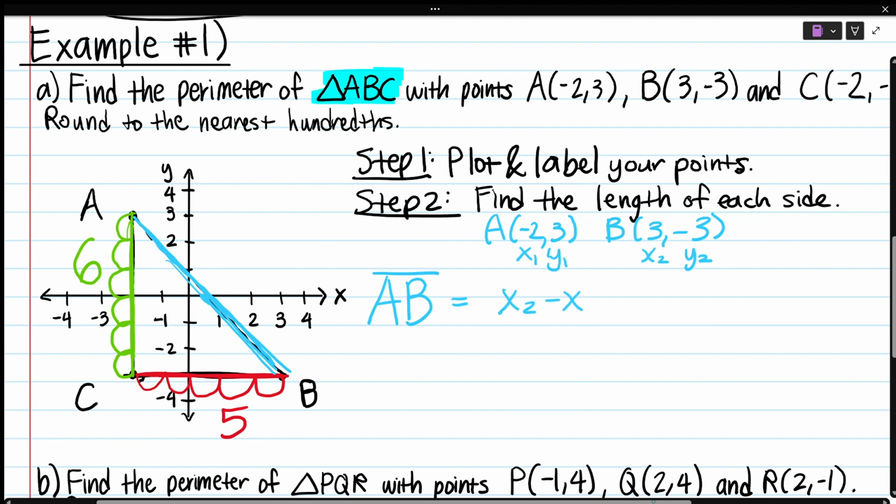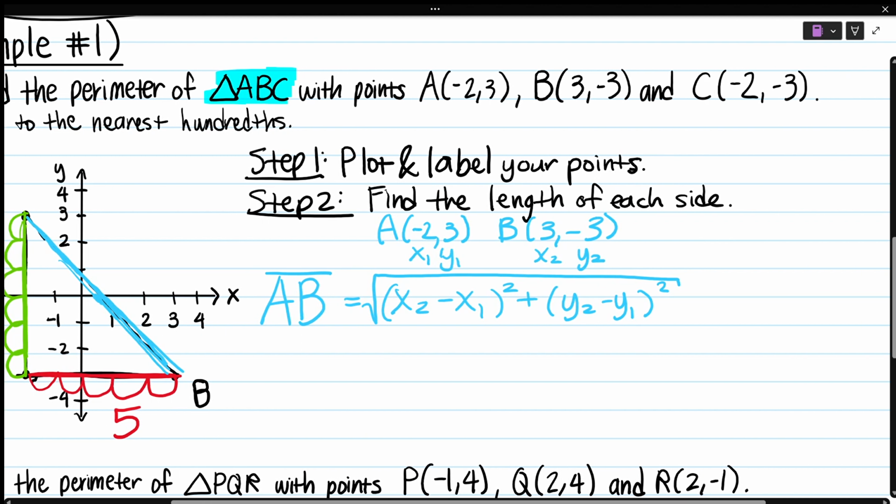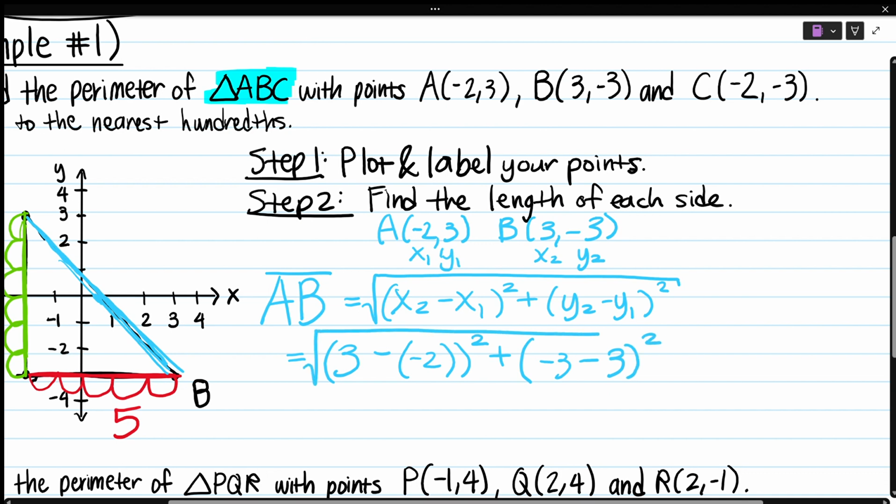The formula looks like this. x2 is 3, so I plug in 3 minus x1, which is negative 2, so 3 minus negative 2, squared. Then y2 is negative 3, minus y1, which is 3. Here, a negative and a negative make a positive, so that turns into 3 plus 2, which is 5 squared.